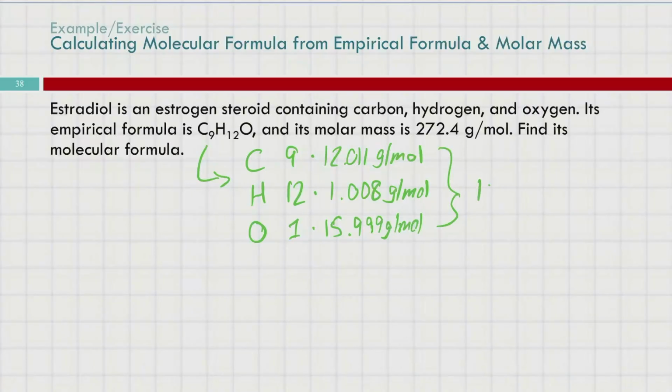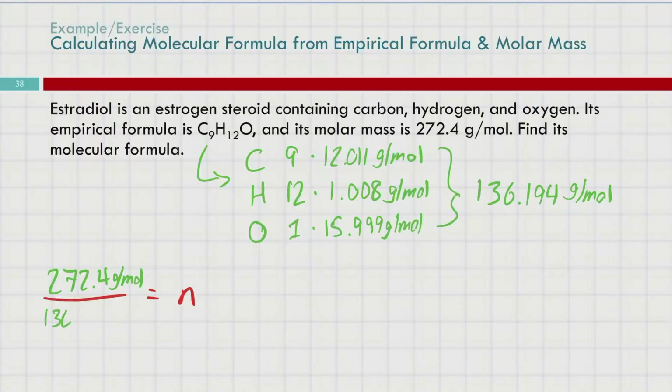It's about 136.194 grams per mole. Then we're going to take our molar mass, divide it by our empirical formula molar mass to get N, the thing that we divide by. So 272.4 grams per mole divided by 136 grams per mole. N is right around 2.